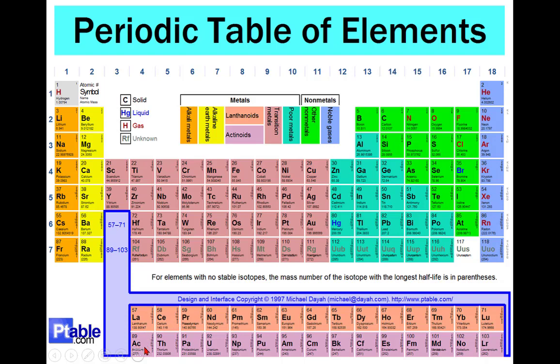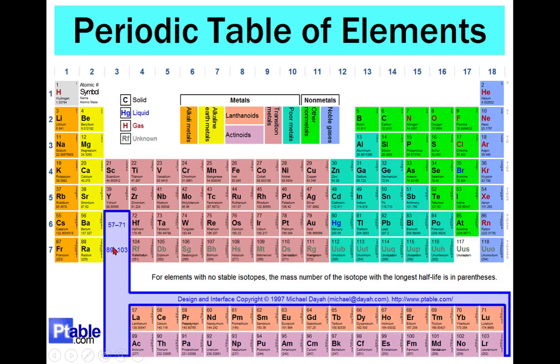Similarly, down it is actinium. Actinium has atomic number 89, and it ends with lawrencium, which has atomic number 103, and then rutherfordium is atomic number 104. So this means that this series starts from 89 up to 103, and these are taken out from there.